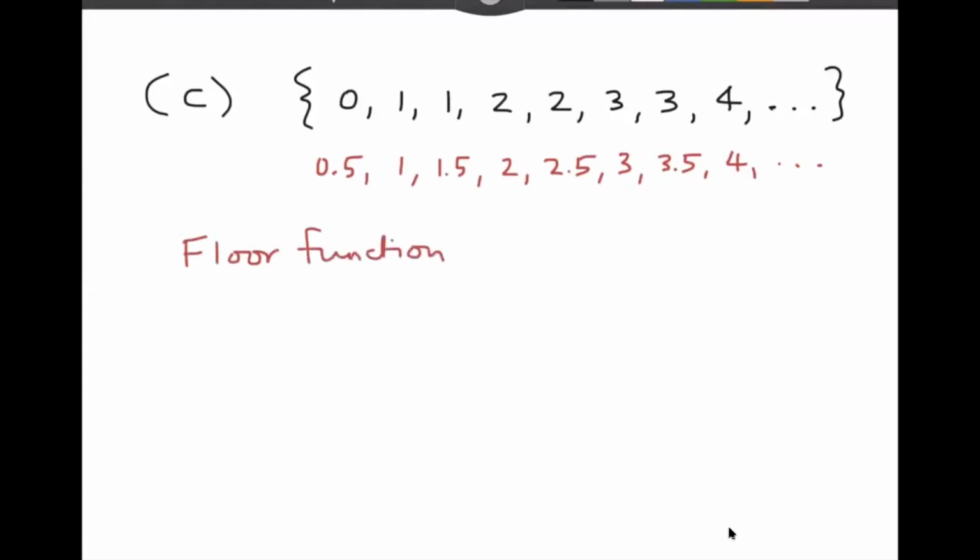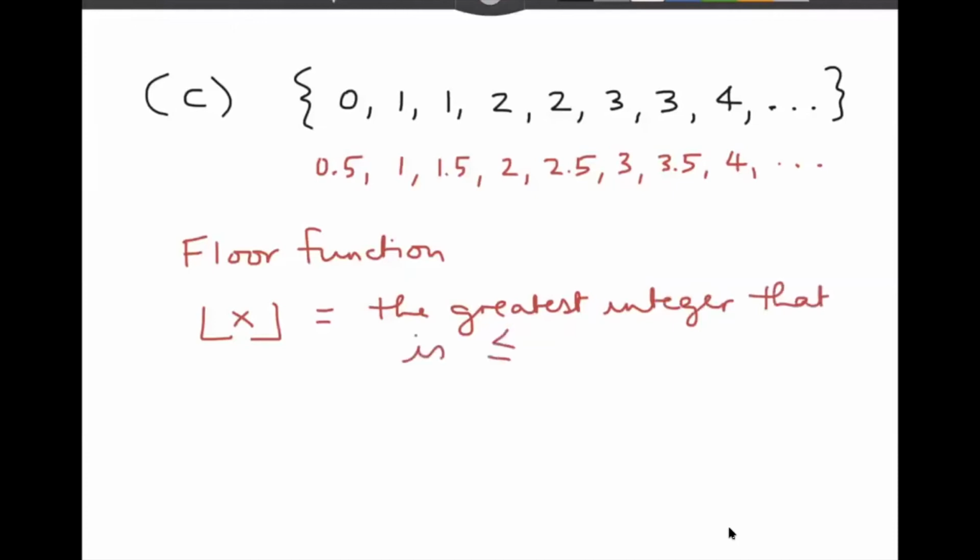And it's written like this. The definition of that function, the floor of x, is the greatest integer that is less than or equal to x, also known as the round down function.